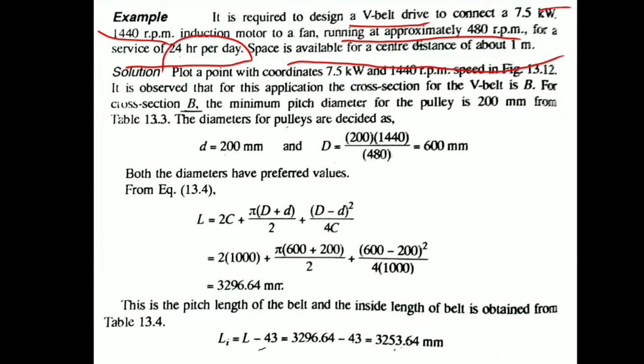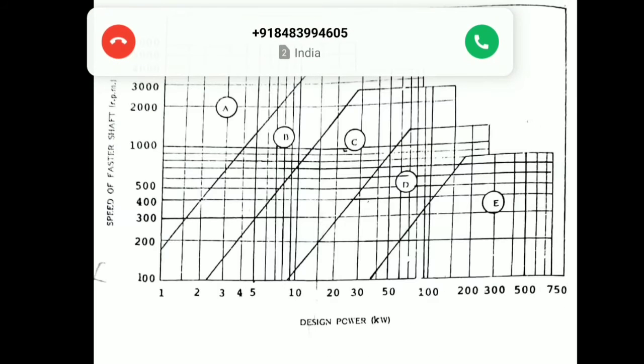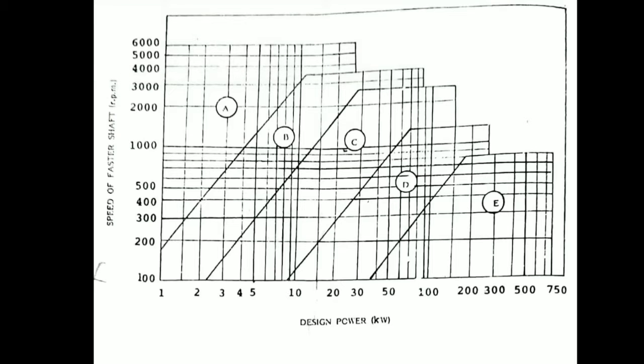Okay, now one by one we make the solution. First of all, as I told you, we need to select the belt section, which belt section is suitable. So power is 7.5 kilowatt, rpm 1440. For that we need to select from this chart.